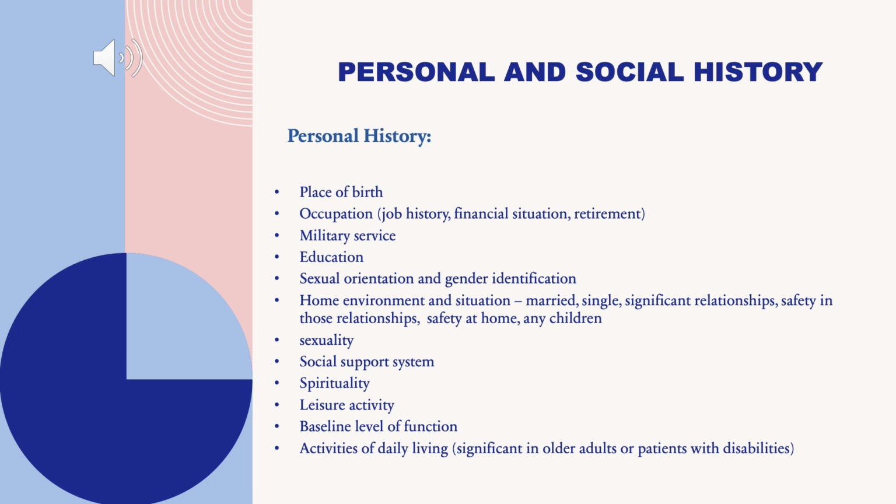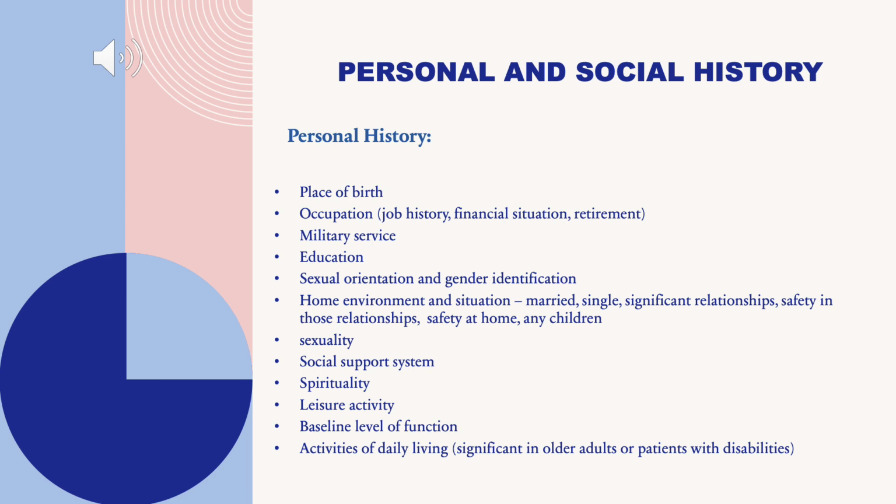This personal history includes their sexual orientation and gender identification, place of birth and personal environmental map, occupation and education, significant relationships, including safety in their relationships, home environment, including family and household composition, important life experiences such as military service, job history, financial situation and retirement, leisure activities, sexuality, spirituality, and social support systems.